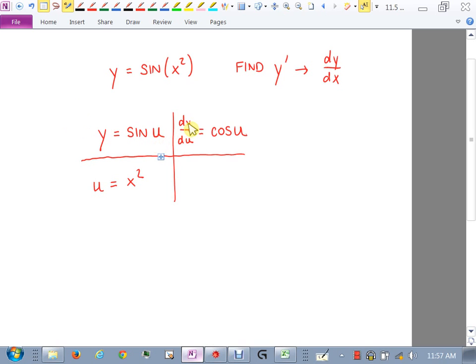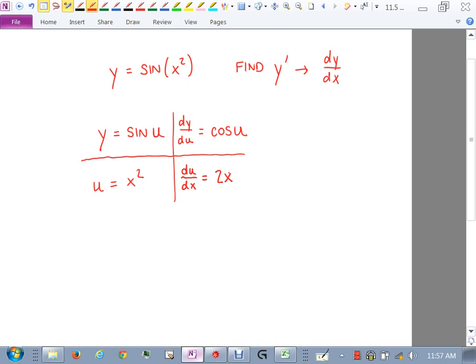So the derivative of y with respect to u is cosine u. And here the derivative of u with respect to x is 2x. Did y'all see that? U depends on x, y depends on u. So the derivative of y with respect to u is cosine u, and the derivative of u with respect to x is 2x.